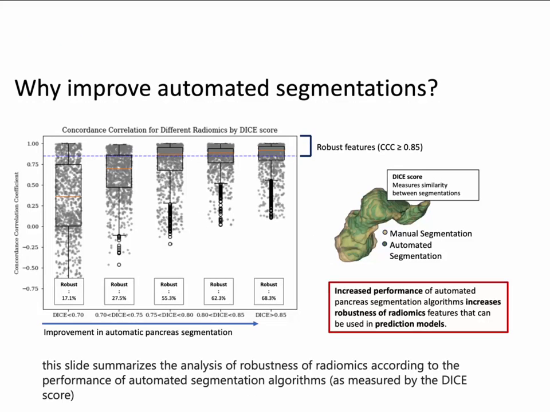Now, it's important to be accurate with automated segmentations or manual segmentations. The whole use of radiomics is based on accurately being able to localize the pancreas. You can't do radiomics if the accuracy of the segmentation is not good, because if you pick up other tissue, it may confuse things.